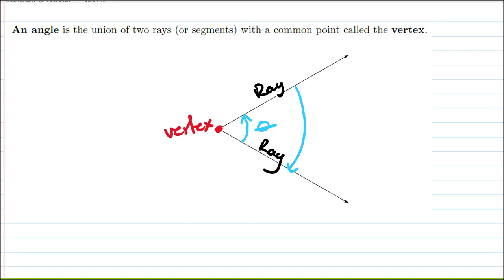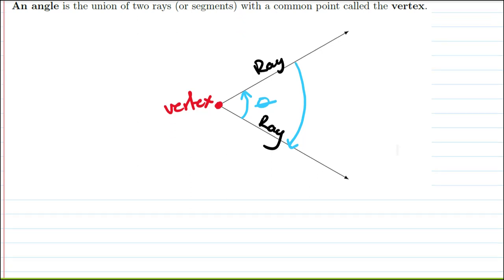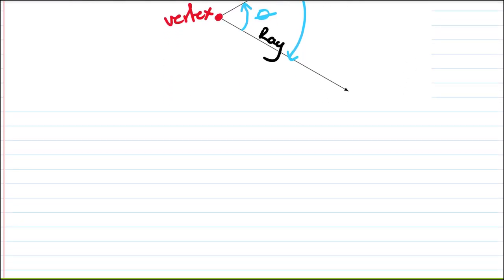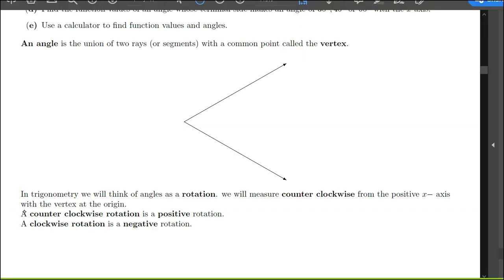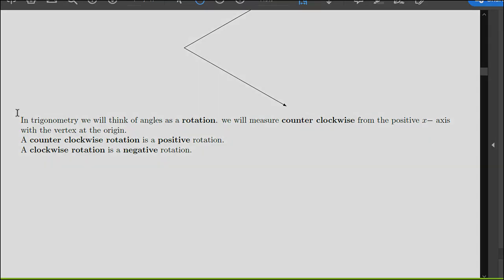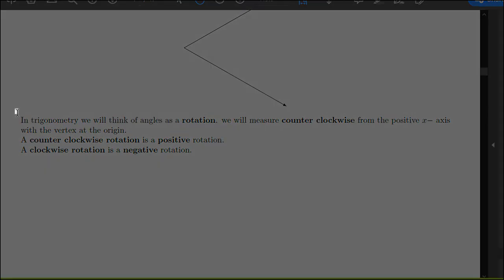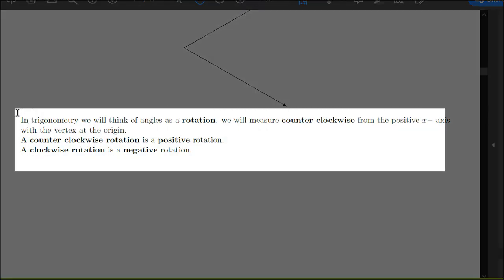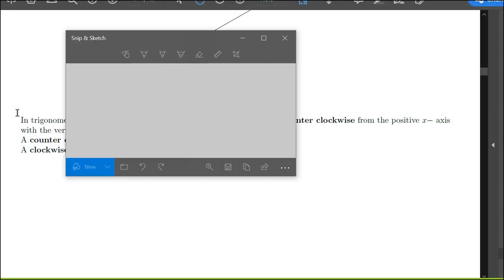So for mathematics, we need to define a positive orientation for angles, and we're going to coordinatize them using our standard coordinate system to give us some reference. So let's take a look at our next definition. So in trigonometry, we will think of angles as a rotation.